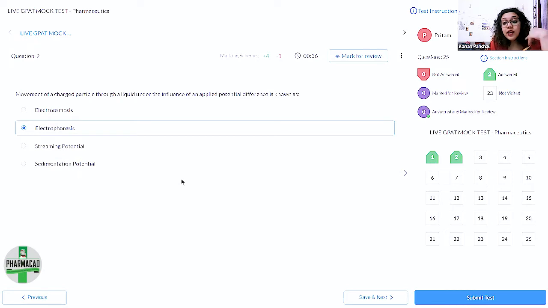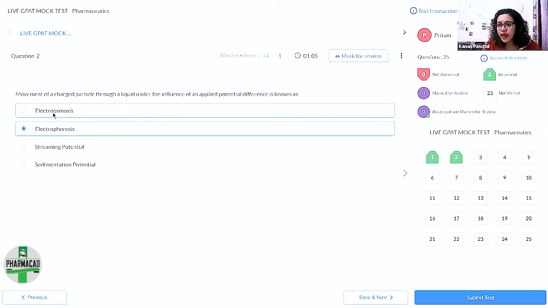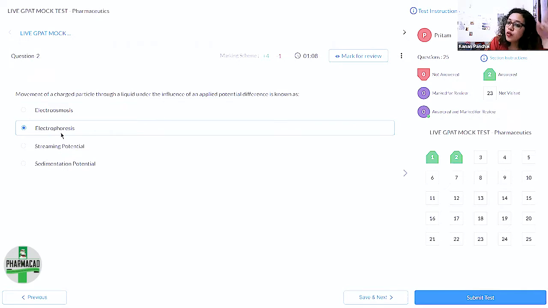In streaming potential the particles are moving in a planar thing, and in sedimentation potential they are settling down, so the movement of the particles is causing generation of a potential. And in electrophoresis and electroosmosis, the potential is causing the movement. There's nothing osmotic about this statement, right? There's nothing going through a membrane and all of that. So this is ruled out anyway. What remains is electrophoresis. So the right answer is electrophoresis.